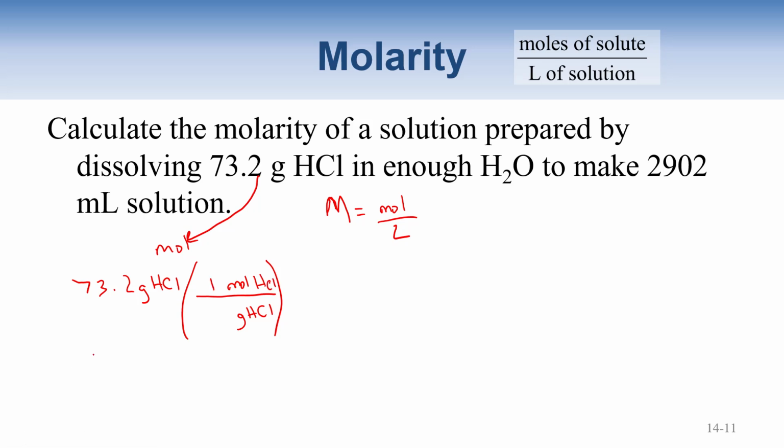So what is that mass? Well, in HCl, we have 1 H, and that's 1.008. And we have 1 Cl, 35.453.